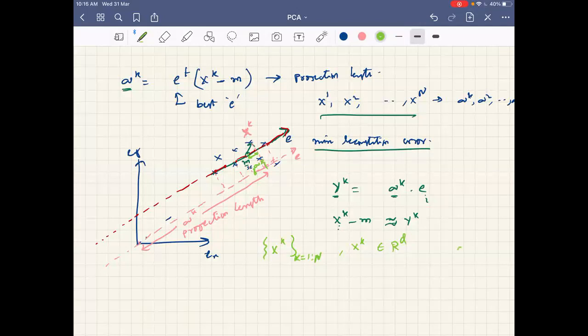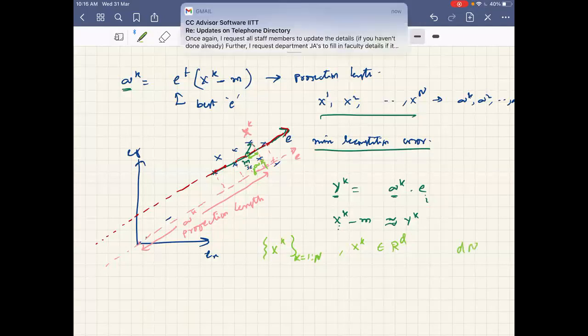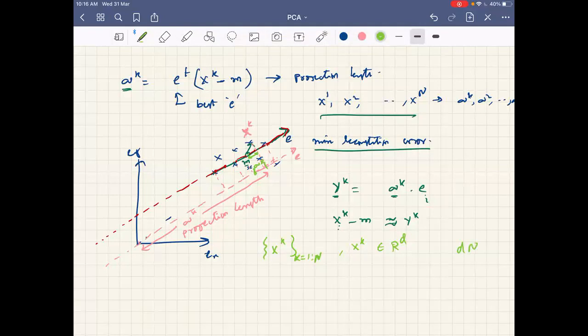We need D into n values to represent all the samples.